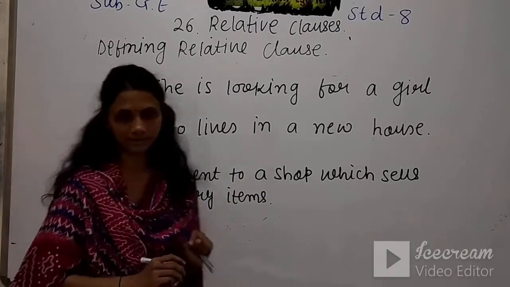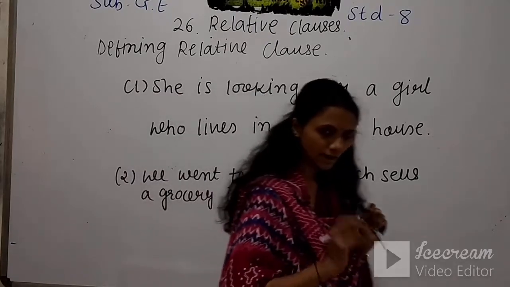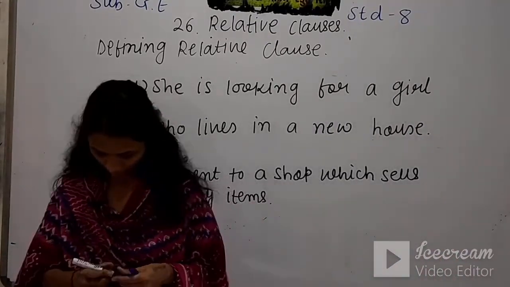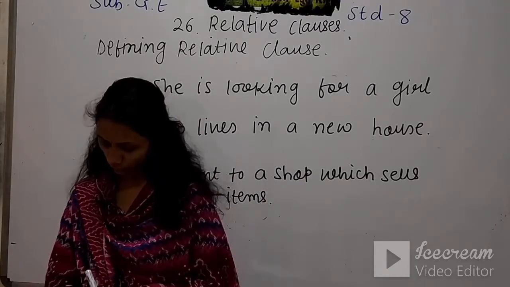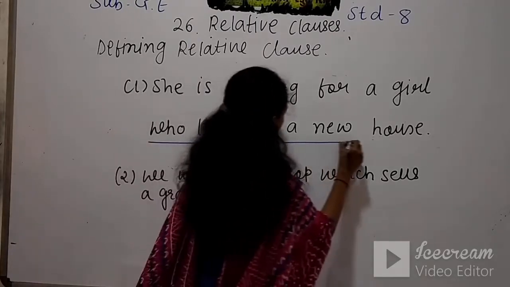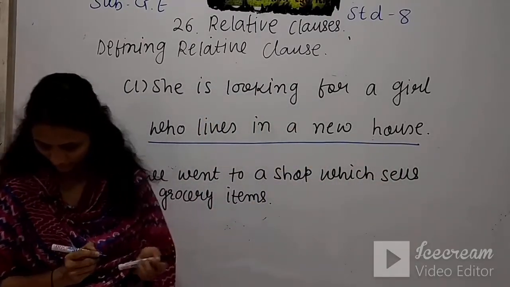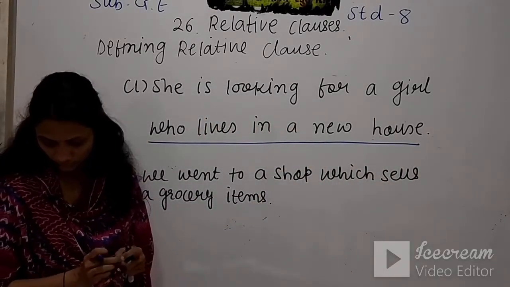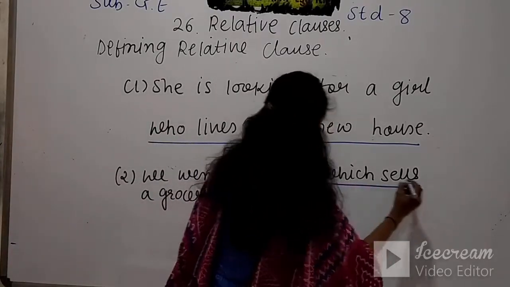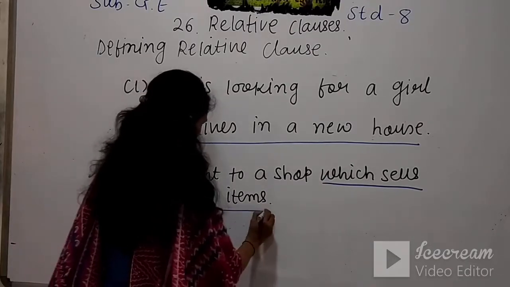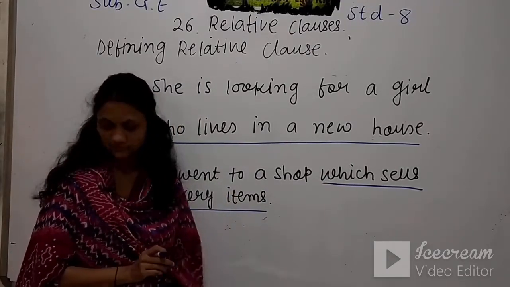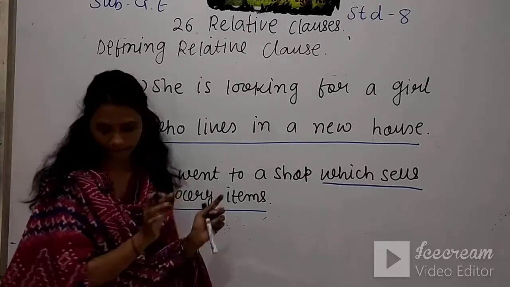Here we have two sentences. Now we have to identify whether these two sentences are defining or non-defining. In the above sentences, the clause who lives in a new house, and in the second sentence the clause which sells grocery items, this type of relative clause is called a defining clause. Now why?